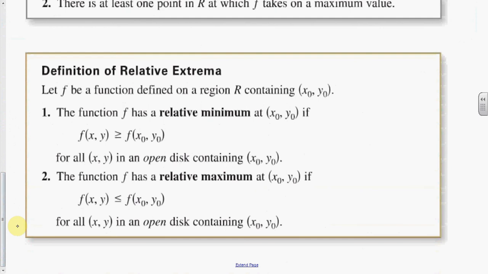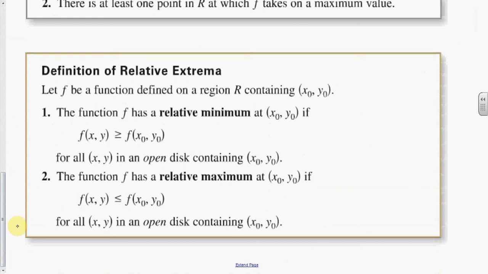The definition of the relative extrema is a copy of the definition for the relative extrema from calculus 1. That is, if a point in the function is said to be a relative minimum, that means that for all values of x, y in the function, those values f of x, y will always be greater than or equal to this so-called minimum.